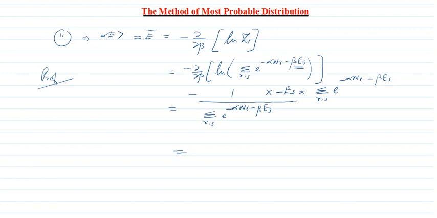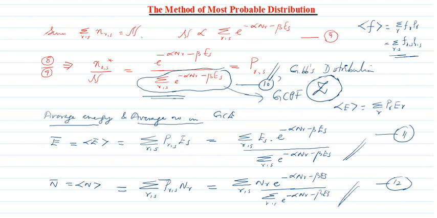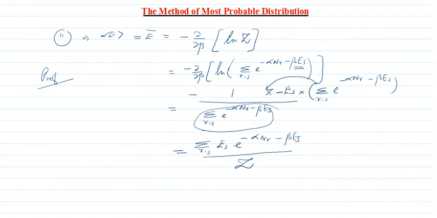So this will be nothing but the sum over R, S of E_S, e raised to minus alpha N_R minus beta E_S, divided by this quantity, which is nothing but our Z itself, that is equation number 11 itself. So we can say the average energy can be written as minus dou by dou beta of log Z.